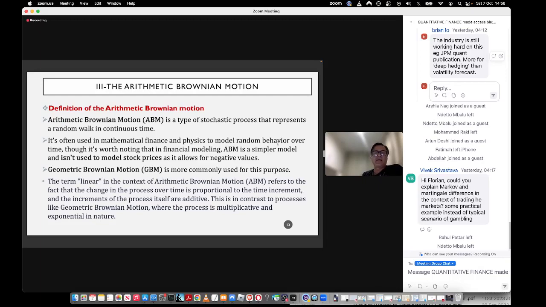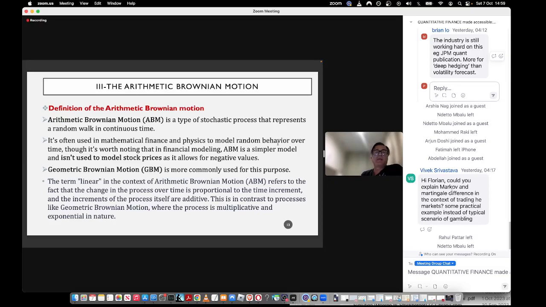And you will see that in the geometric Brownian motion the characteristic will be a little different, because of the possibility of having a negative value with the arithmetic Brownian motion.